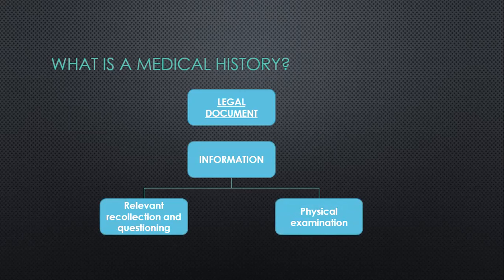The first one is relevant recollection and questioning. So you do have to investigate a little by asking your patient, and if your patient, for example, just passed out, fainted, right? You have to get this kind of information from the family members of your patient. And of course, you're also going to get information from the physical examination.